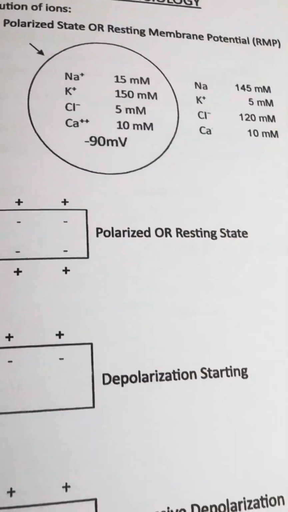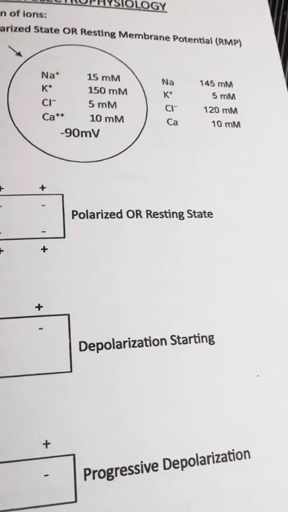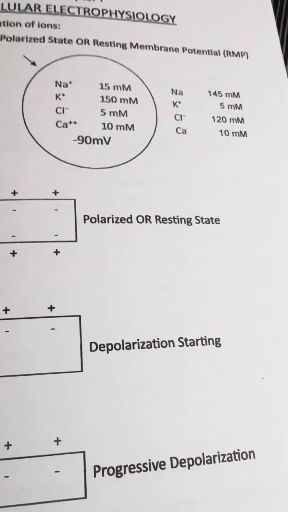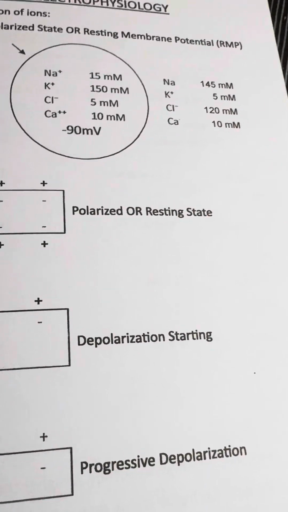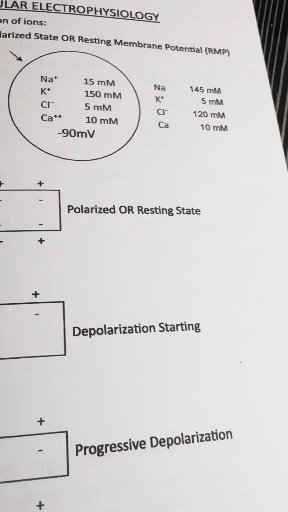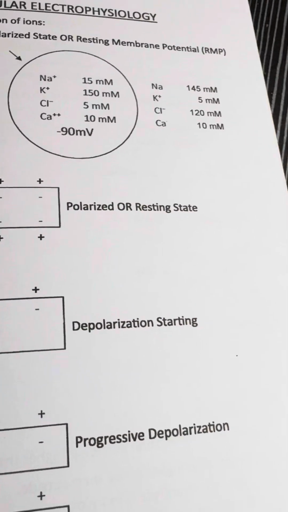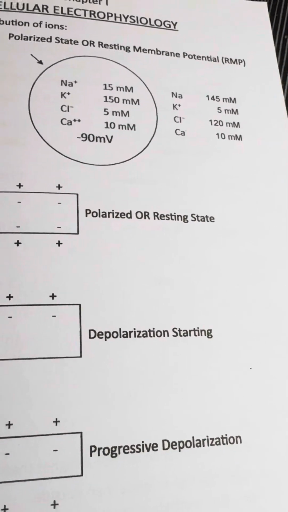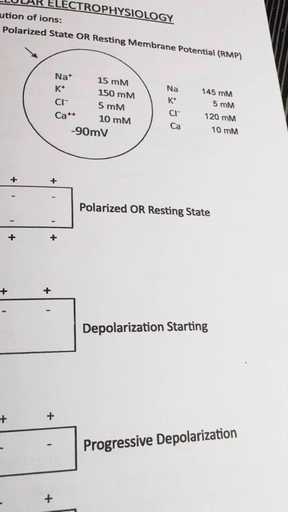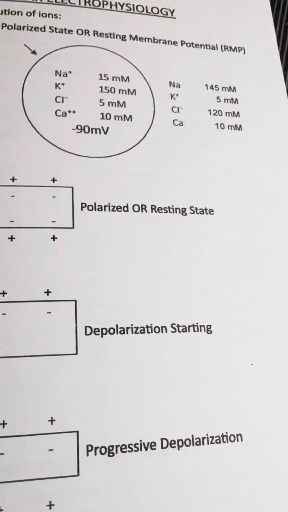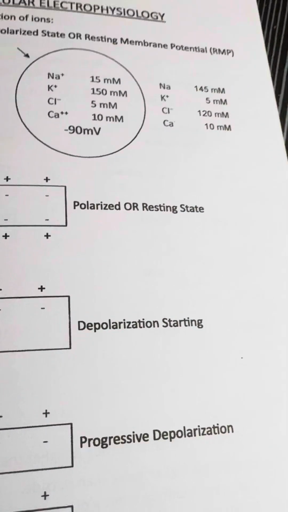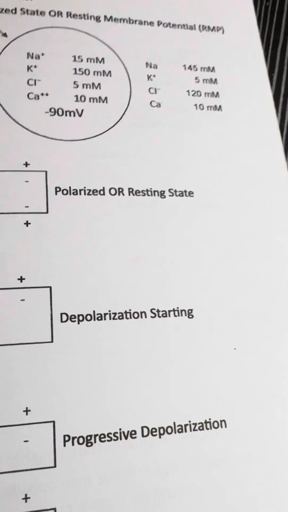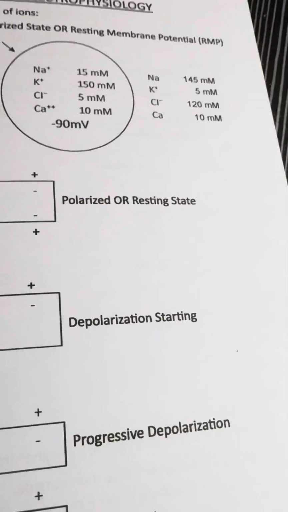Now one very important question arises: why is it negative inside? Inside it is negative because of a few things. For example, sodium size is bigger and potassium size is smaller. So the bigger ion will cross less because its size is big.